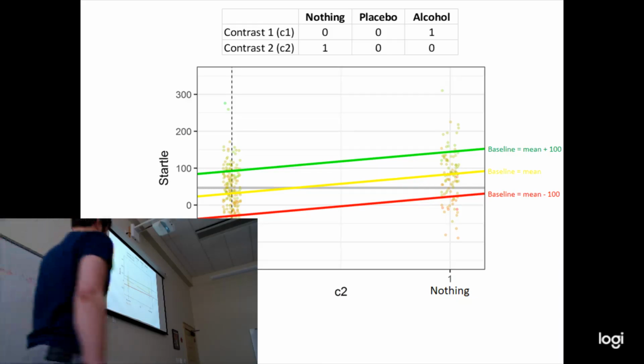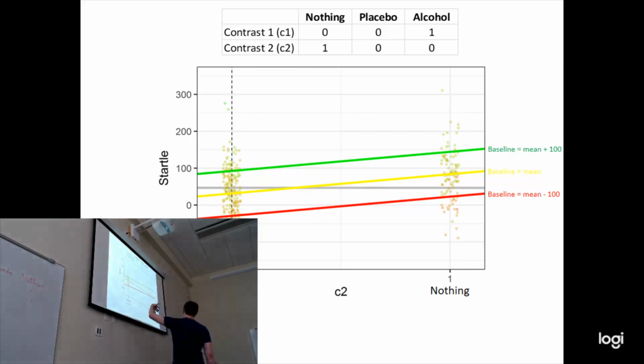And if I want to incorporate information about my covariate, which is based on startle, I can just draw these multiple lines at different levels of baseline startle. Notice how similar this graph looks to the one that we just finished with. The only real difference is that these slopes are positive and they're larger.